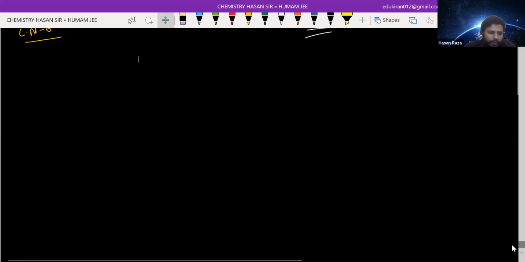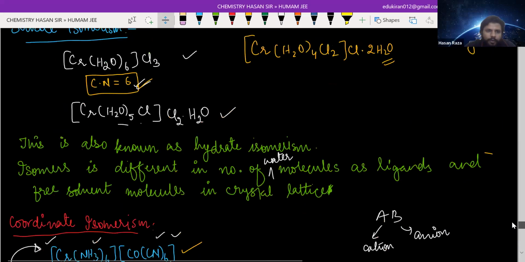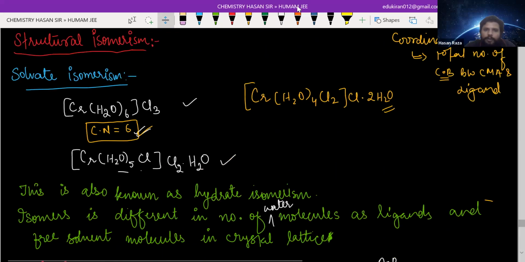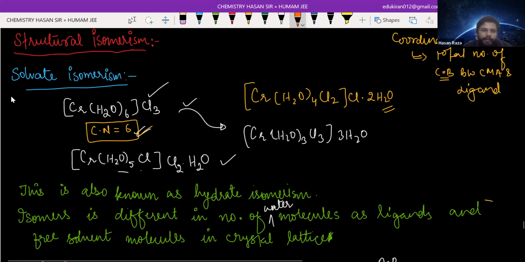Now there was a question that I wanted to ask about solvent isomerism. What if I write Cr(H2O)3Cl3 like this as an isomer? Will it be an isomer or not? Will it be hydrate or solvent isomerism, yes or no? Both of you.